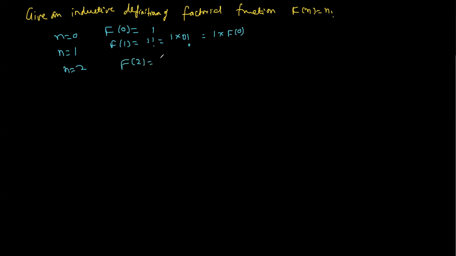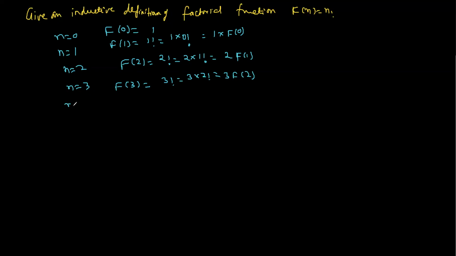f of 2 is 2 factorial. 2 into 1 factorial. Right? 1 factorial is what? f of 1. Right? 3 factorial is 3 into 2 factorial. Right?